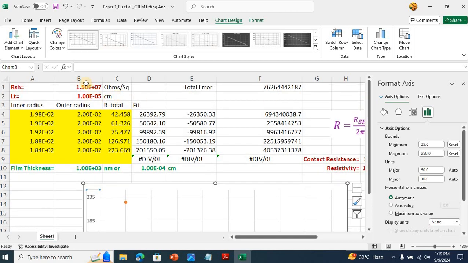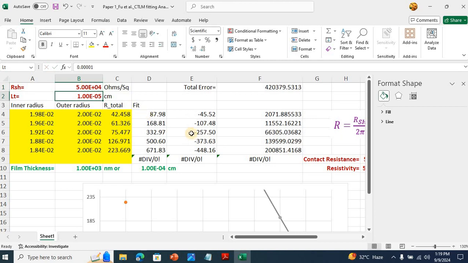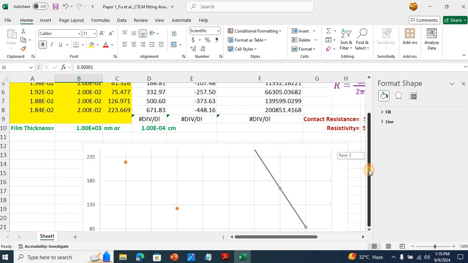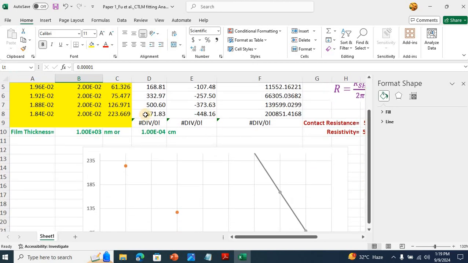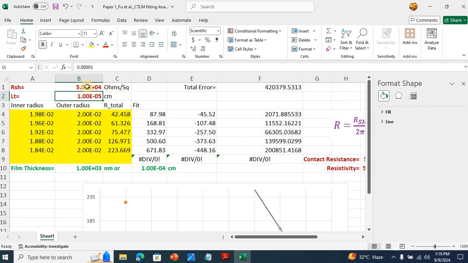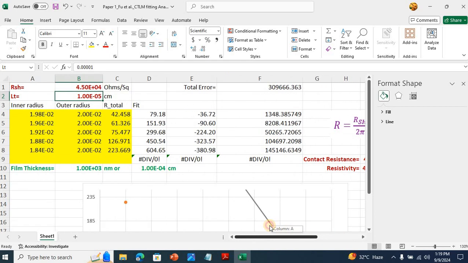And then you can vary the sheet resistance accordingly. For example, what happens when I do that? So it should be lower than that value. Okay.